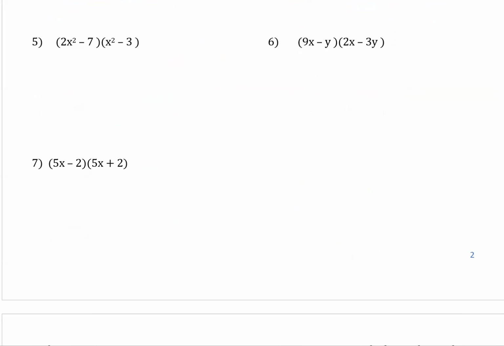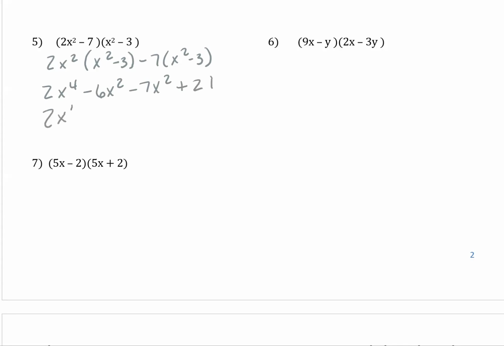Number 5. We'll distribute. And combine like terms. Number 6.